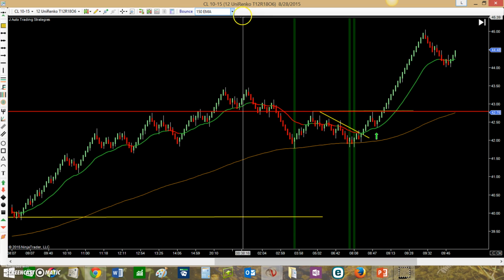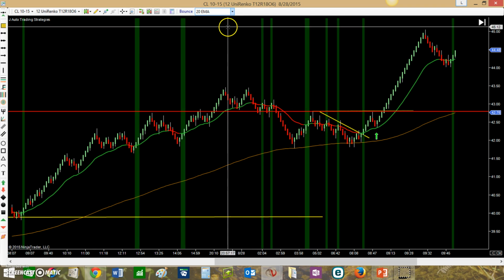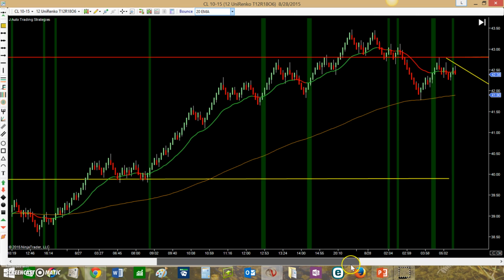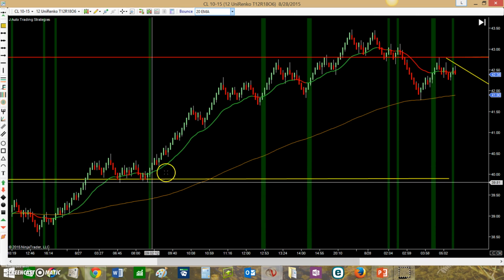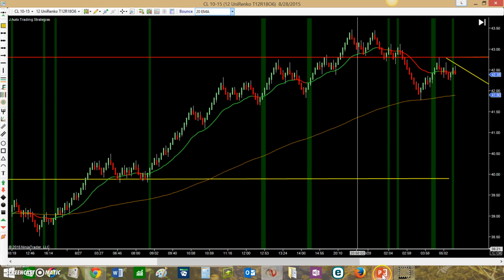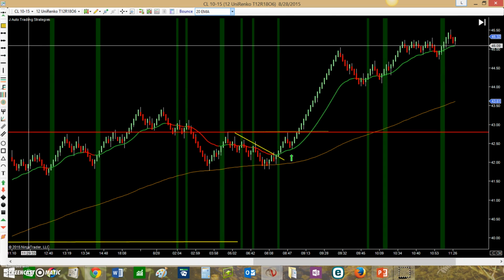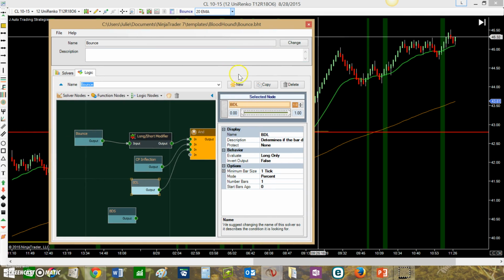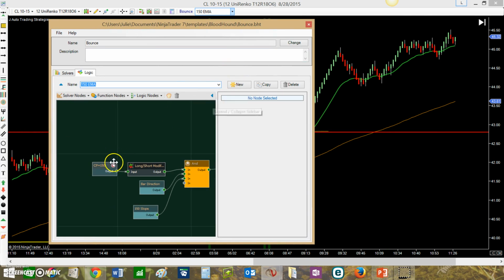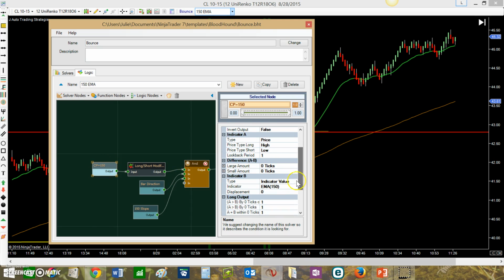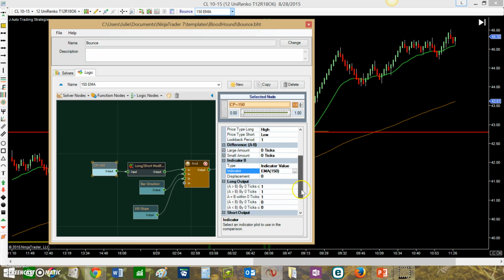If you want to use a 20, you'll get more signals. You can use a 50, a 20, whatever you want. But this will get you plenty of signals on these pullbacks to the 20 EMA and off you go. And this is also very easy to set up in BloodHound. All it is is a comparison solver, high-low, to your EMA 150.